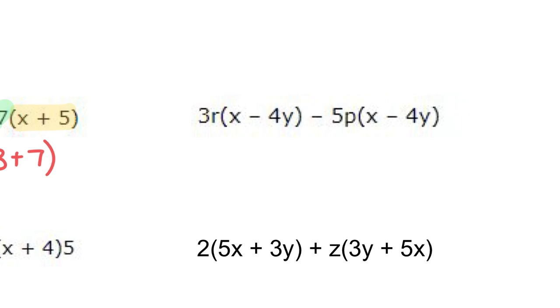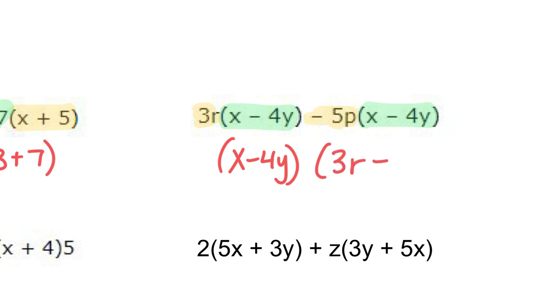So in this next one, 3r times (x minus 4y) minus 5p times (x minus 4y). This x minus 4y is common. So it's going to become our first factor, x minus 4y. And then the 3r minus 5p that's on the outside will come together to make the second factor, 3r minus 5p.